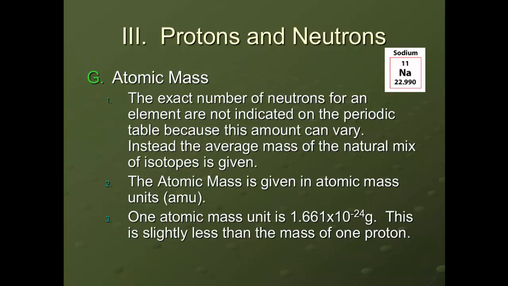So the atomic mass on the periodic table is rarely a pretty number. You'll notice on sodium here we have 22.990. There isn't actually a sodium that has that mass. What those masses on the periodic table are is they take all the natural elements, the ones that actually exist in nature, and they take a sampling of them, and then they take a weighted average of the masses.